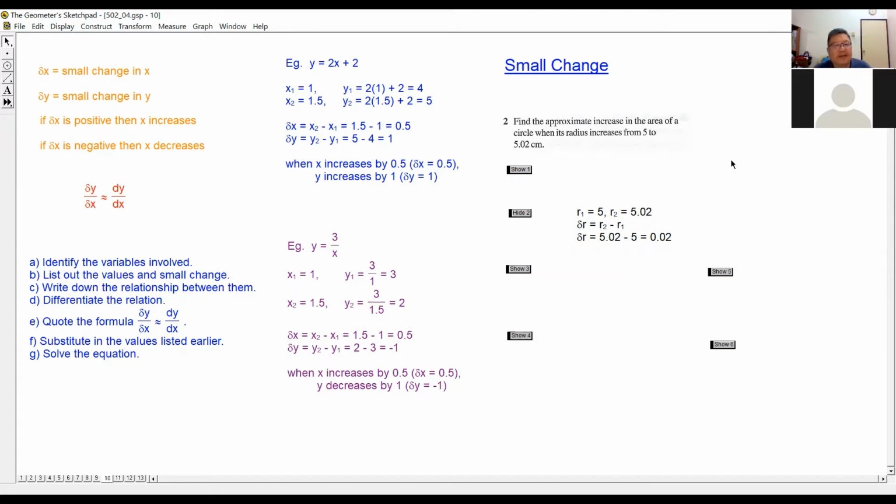What is the next step? You read from here, then you tell me what is the next step. Now you list out the value and the small change. The values and small change are all here.